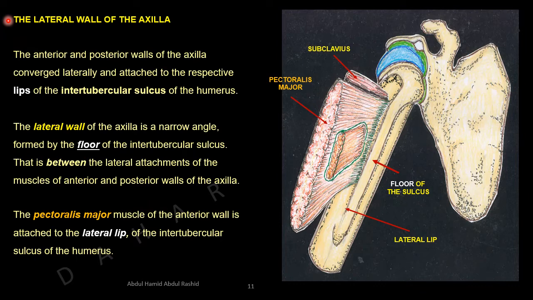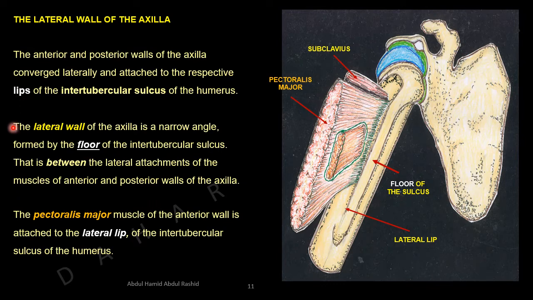The lateral wall of the axilla. This wall is a little bit more complex than the other three walls. The anterior and posterior walls of the axilla converge laterally and attach to the respective lips of the intertubercular sulcus of the humerus.